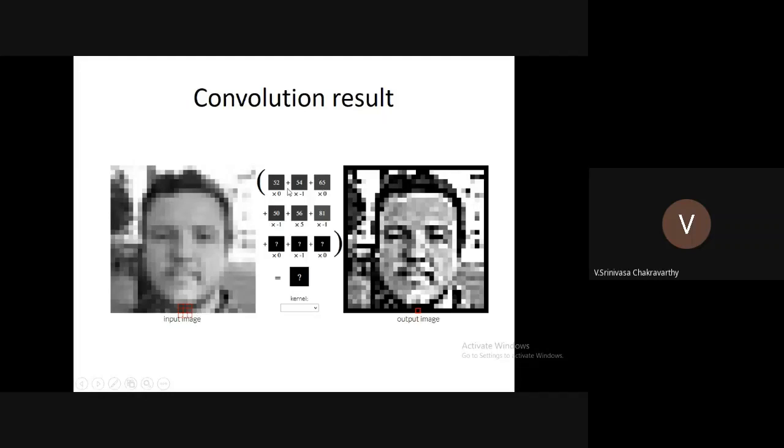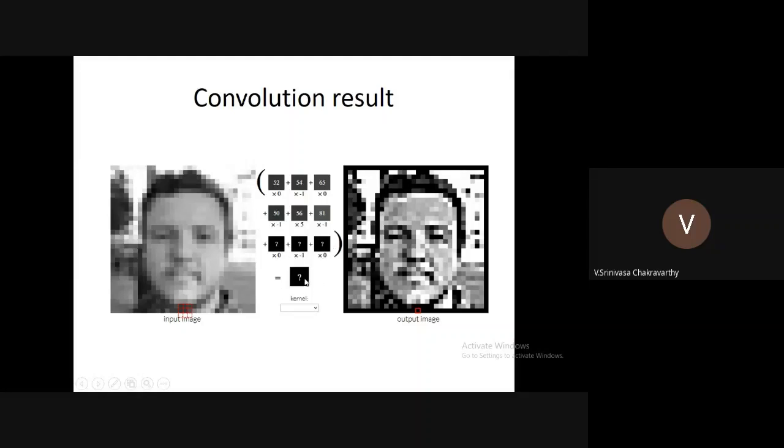And at every position, you multiply the kernel value with the corresponding pixel value. So 52, 54, these are the pixel values, times 0, minus 1, 0, and all that. So you multiply like that. 50, these are pixel values. Minus 1, 5, these are all kernel values. In the part where you're outside the image, you imagine that is zeros. So 0 times 0, 0 times minus 1, 0 times 0.